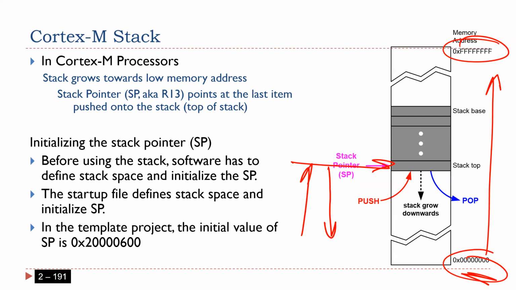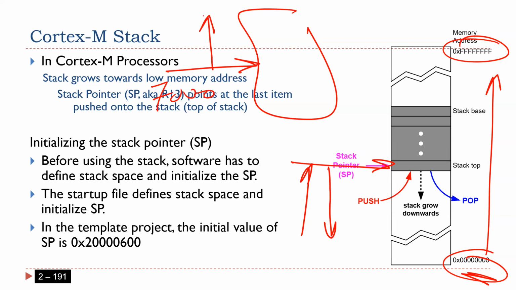Some processors do the opposite. It doesn't matter, but maybe don't be surprised. In some processors, if I start at, for example, 700 or 7000, whatever, every time you push, you go this way, to the lower address.